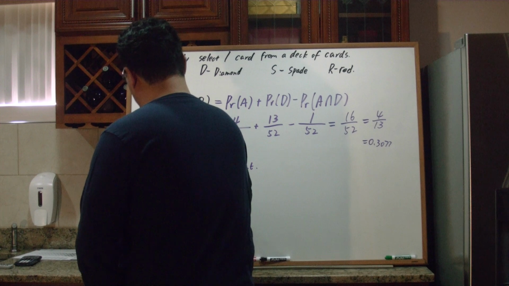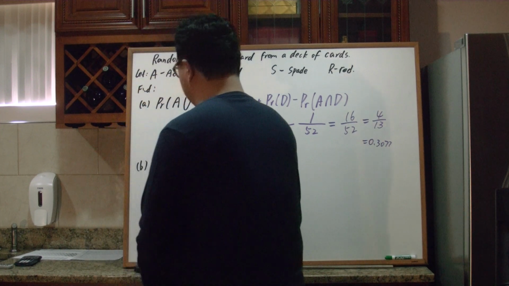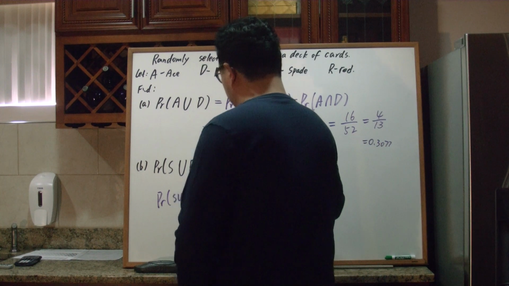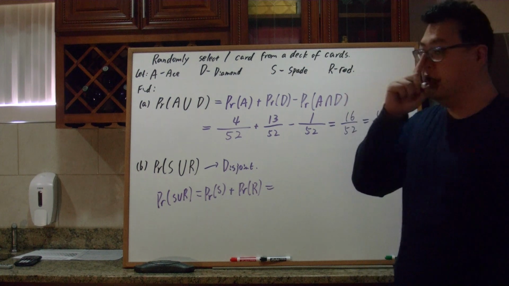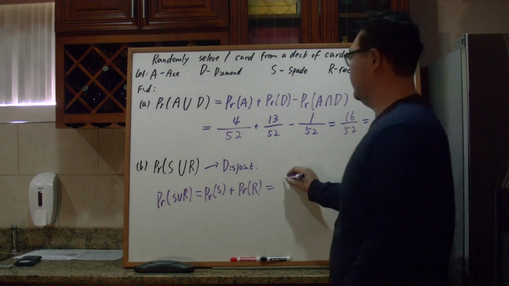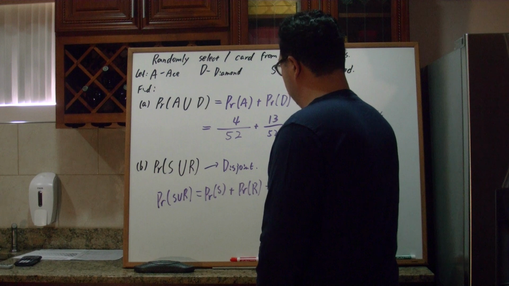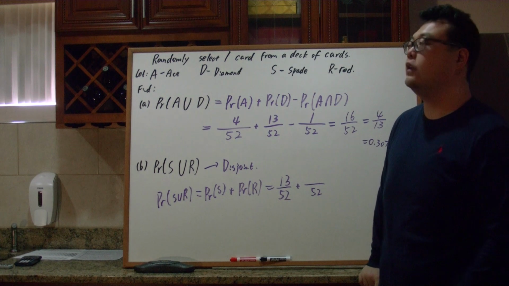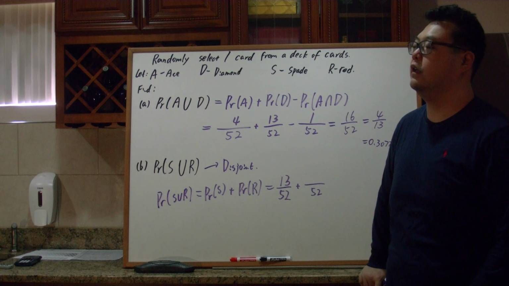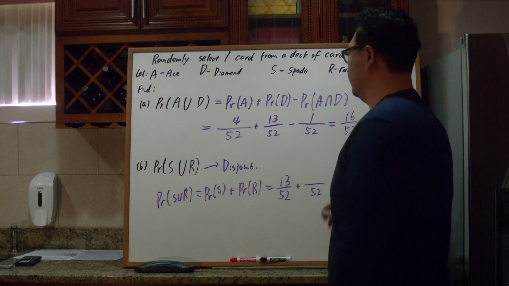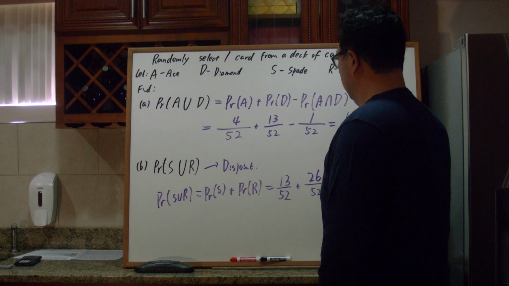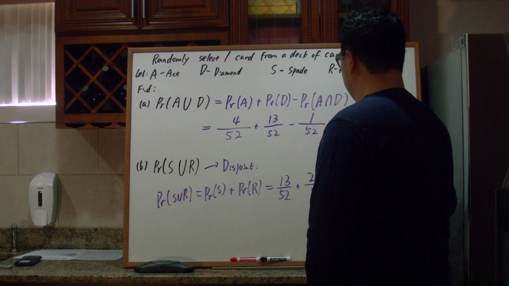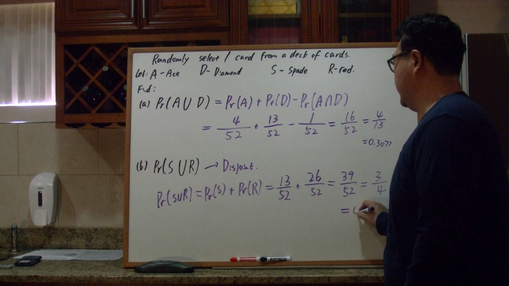Therefore, the probability of the union will be just the direct sum. We have 52 cards. There are 13 of them spades. And the red cards contain diamonds and hearts, right? 26 cards, which is 39 over 52. That is 3/4. If you want to show that, it is 0.75.